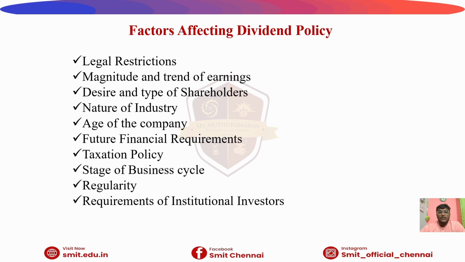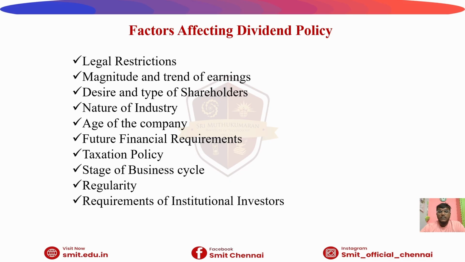Volatile earnings may lead to conservative policies. Then, third, desire and type of shareholders. Some shareholders want current income, others prefer capital gain, which means growth investors. Then, nature of industry. Stable industries usually pay higher dividend. Volatile industries retain more earnings.